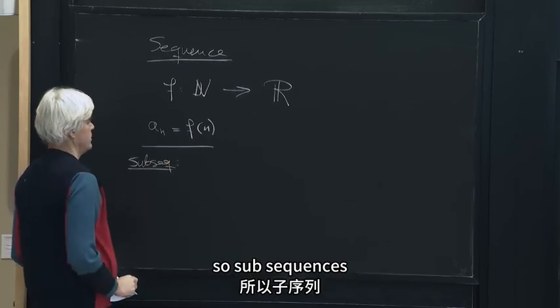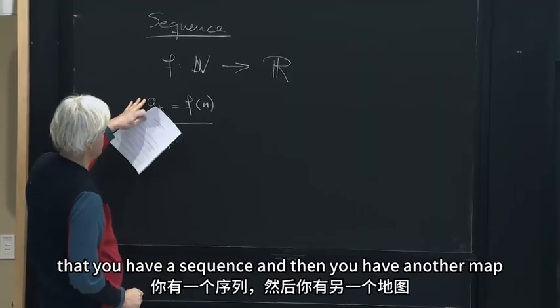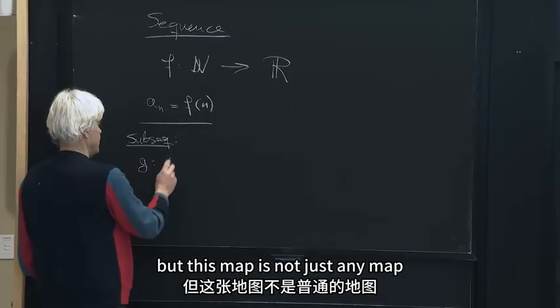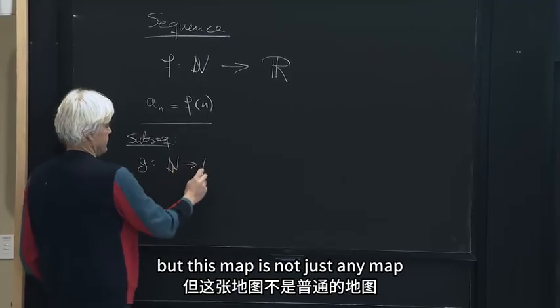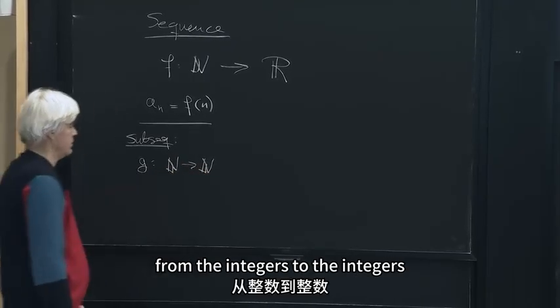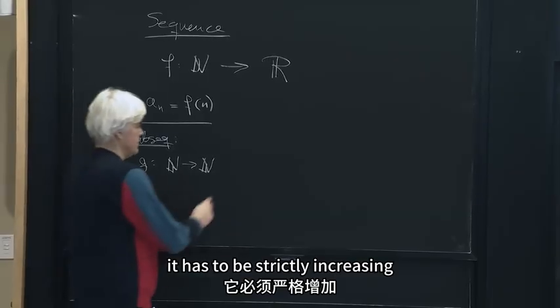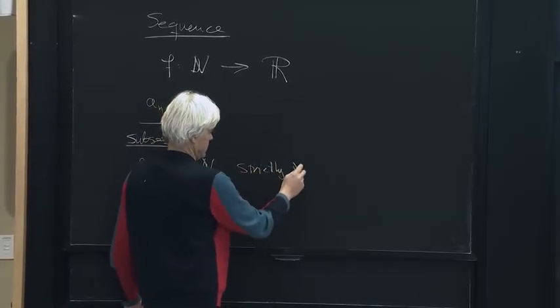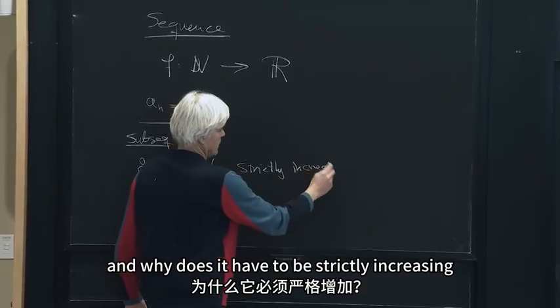A subsequence is where you have a sequence and then another map, but this map is not just any map from the integers to the integers. It has to be strictly increasing. And why does it have to be strictly increasing?